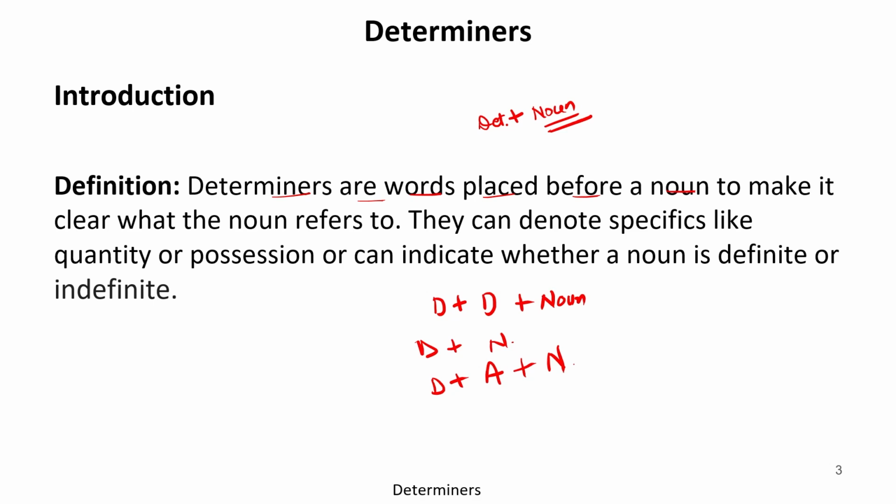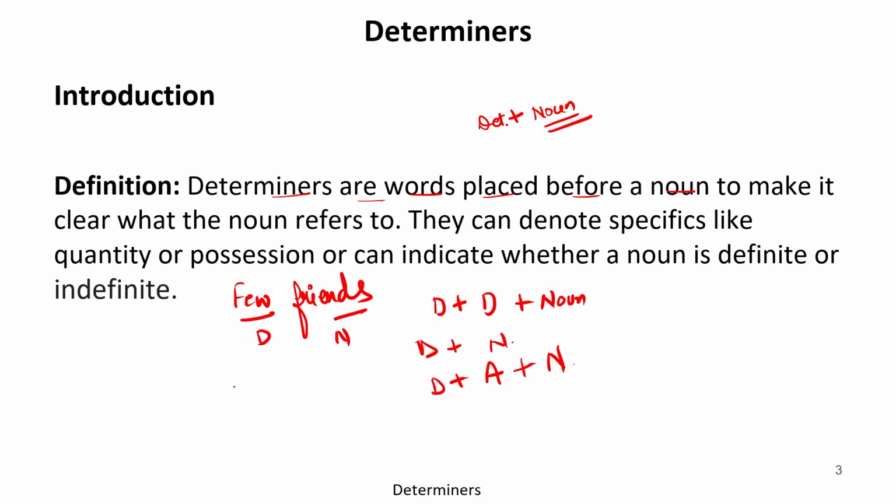Now this is the only word which can be used with itself, or you can say two determiners can be used together. Now that makes it different from adjective. How? Because two adjectives cannot be used together to qualify each other, but determiners can be. How? For example, if I say few friends. Now, few friends, in this phrase, we can see that friends is the noun and few is the determiner.